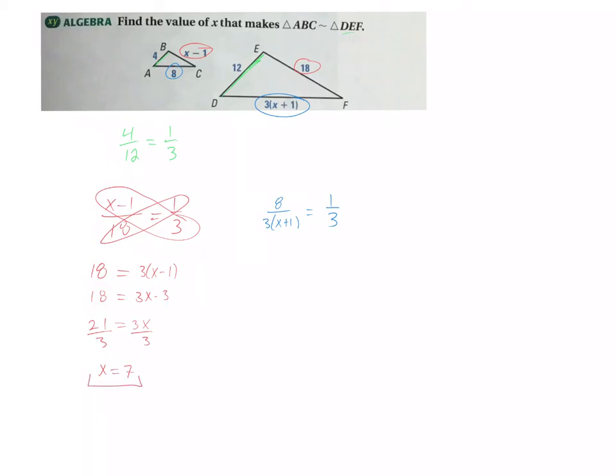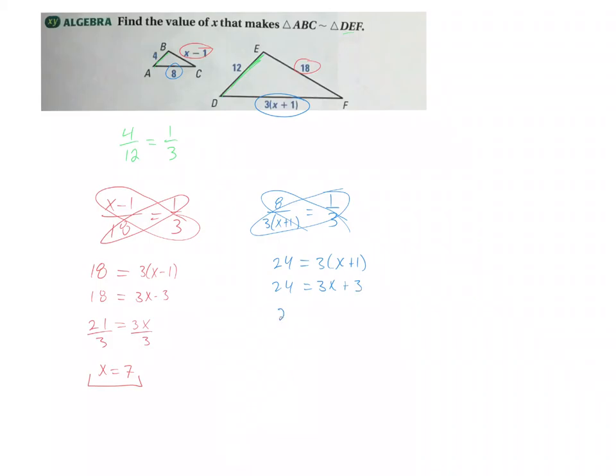So initially I want to say for sure x equals to 7, but I have to make sure that I get the same thing when I solve the other one. So let's say 3 times 8 is equal to 1 times that, 3 times x plus 1. So 24 is equal to 3x plus 3.